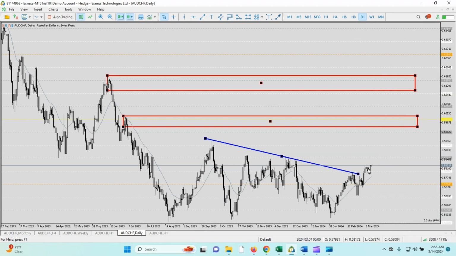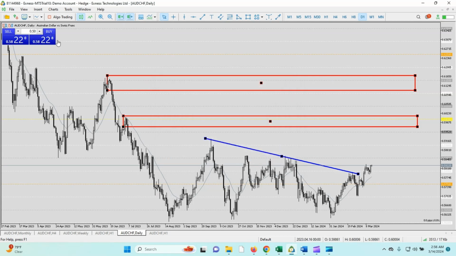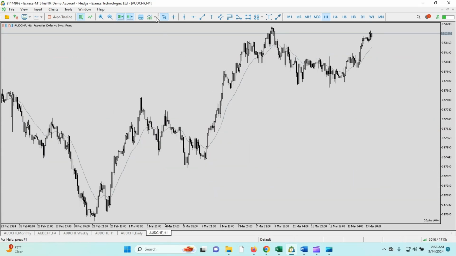So I'm going to enter this trade. I'm going to be risking $1,000 in this trade. So let me use about 0.50 buy here. So I can't find the template somehow.